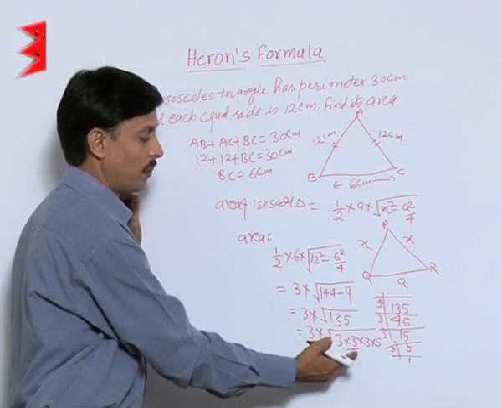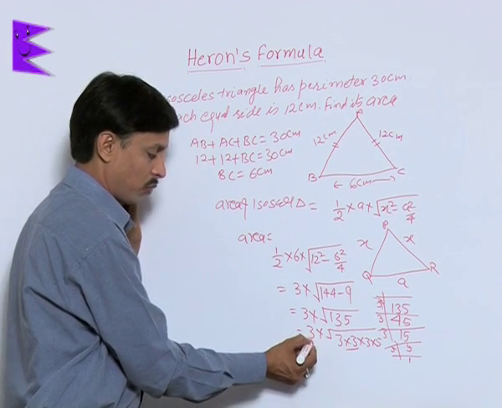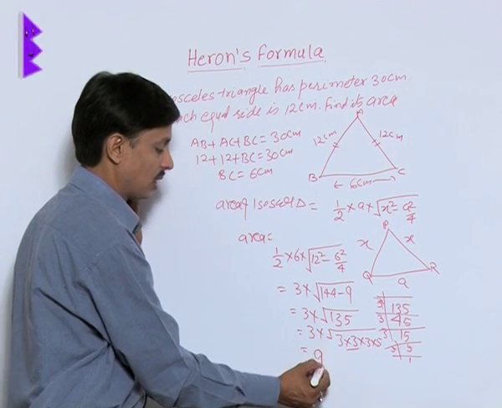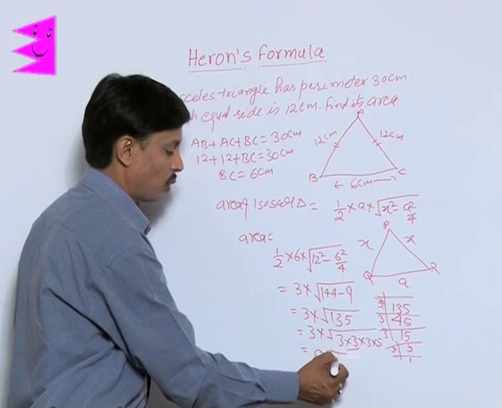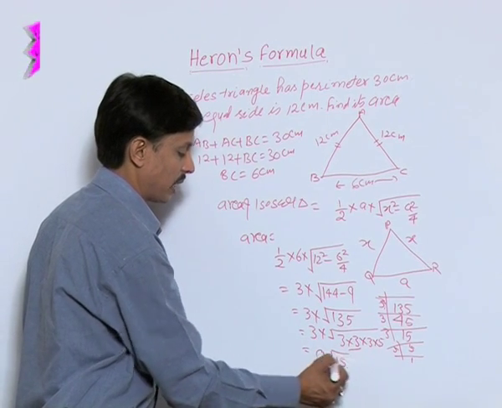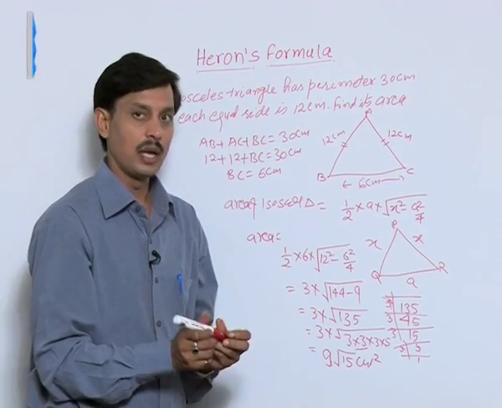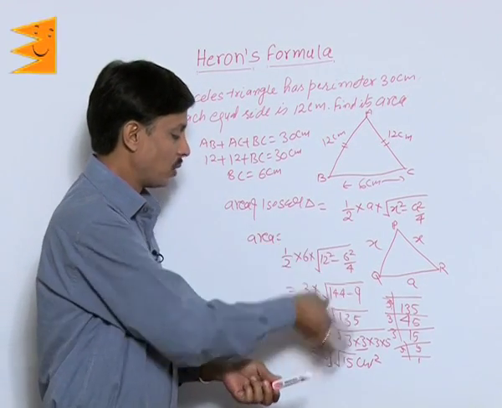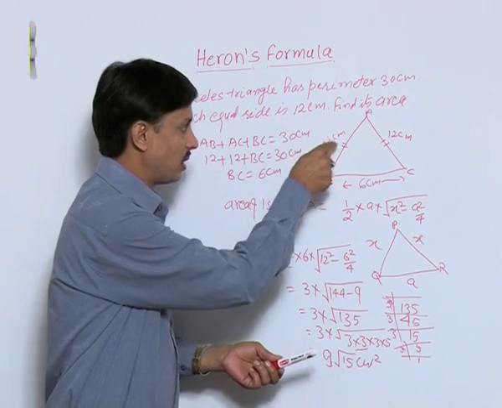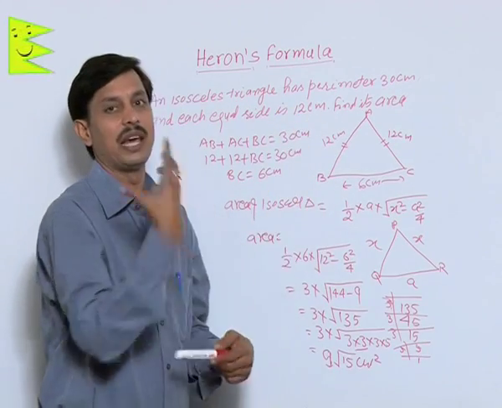So this 3 making a pair will come out, 3 is already there, so answer becomes 9 root of 15 centimeter square. This is the area of the triangle by using the direct method.